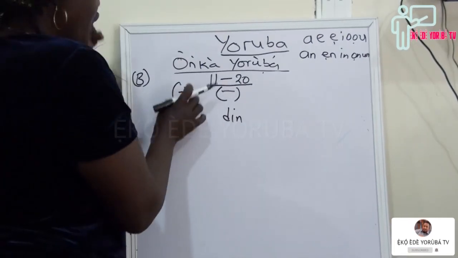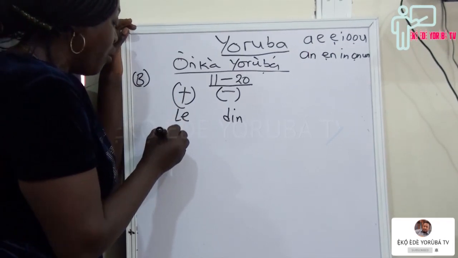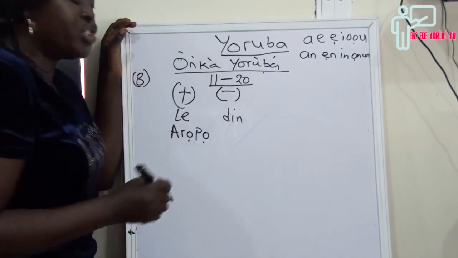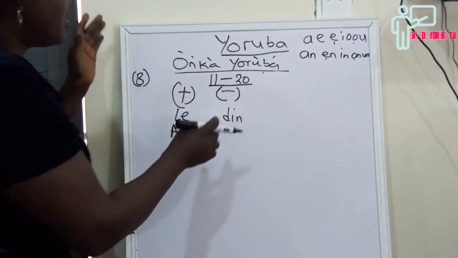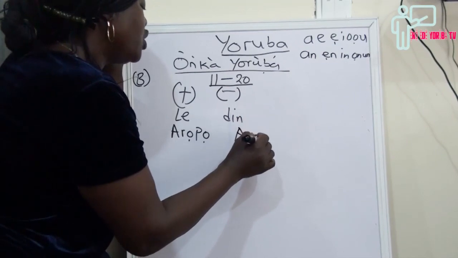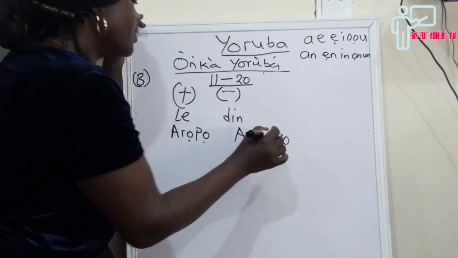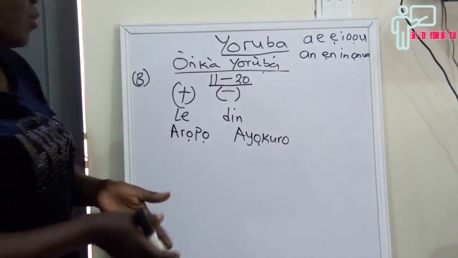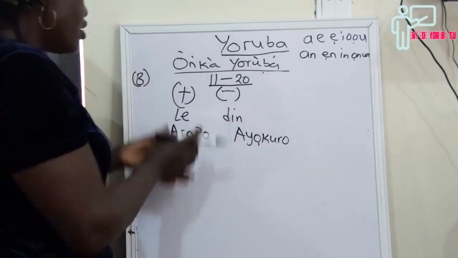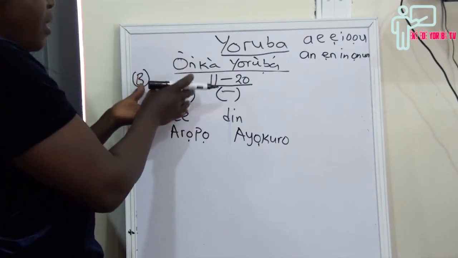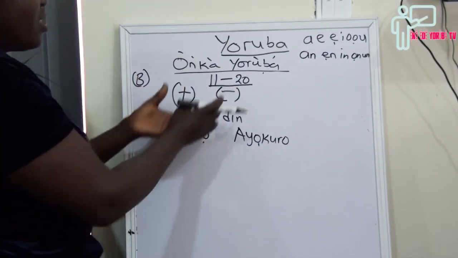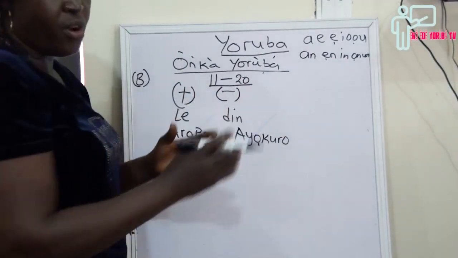So this one, we also call it aropo, which is addition. This one we call it ayokuro, which is minus. We want to add this one, we want to minus it. So this is the sign. Plus, minus, le, aropo, din, ayokuro.